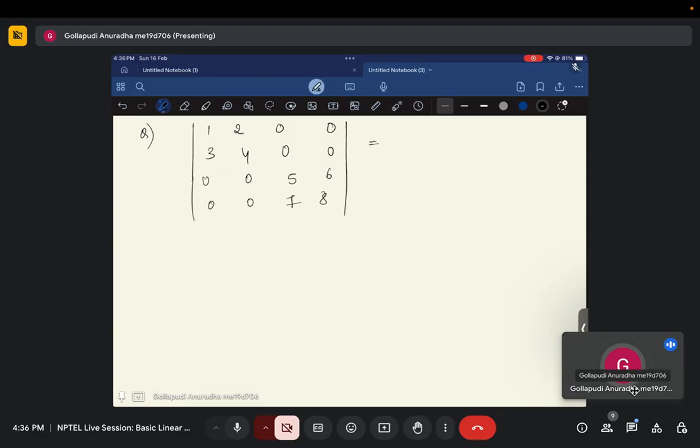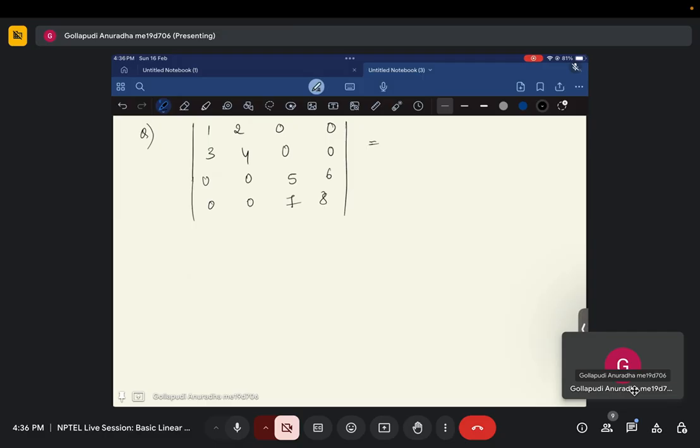What is the determinant of this? It's determinant of 1, 2, 3, 4 into determinant of 5, 6, 7, 8.